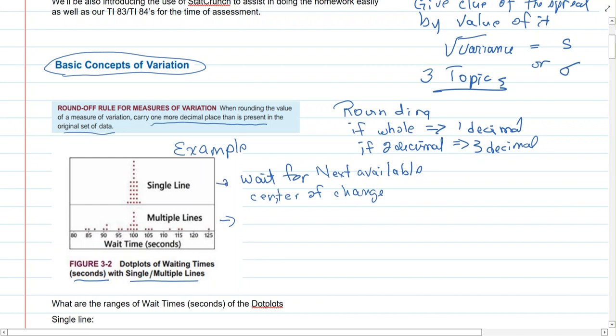means that, think of a bank, and everybody can choose whichever teller they want, and they wait. And look at the span.